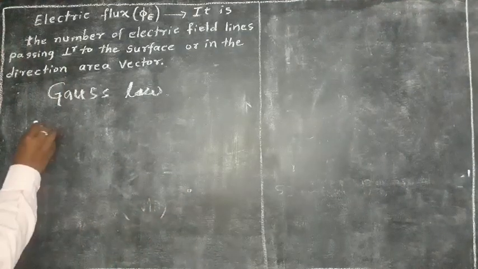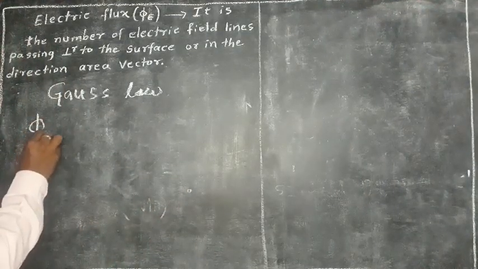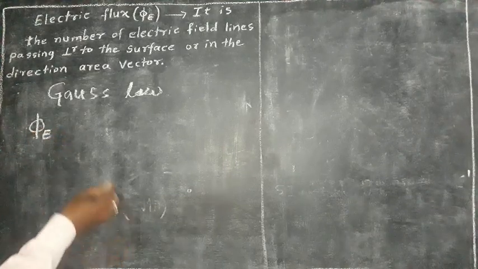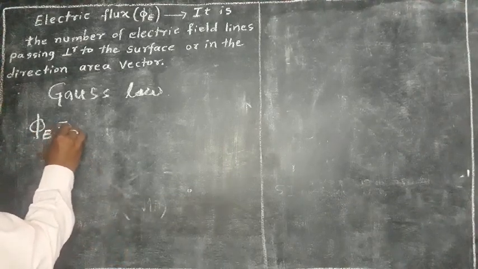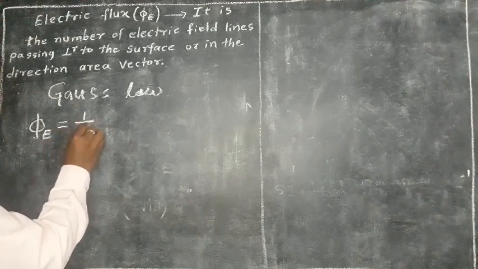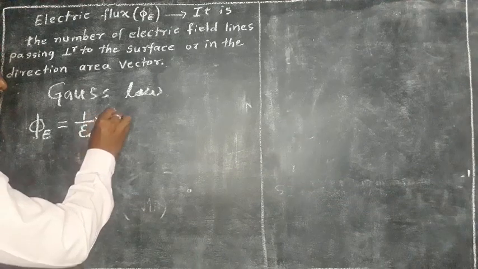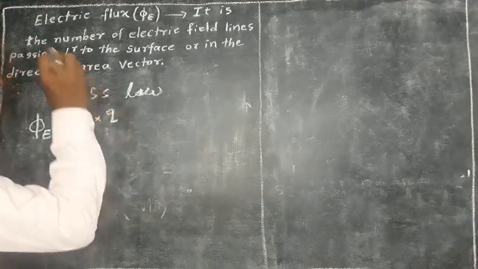That is, according to Gauss law, the total electric flux through a closed surface is equal to 1 upon epsilon naught times the net charge enclosed by it.